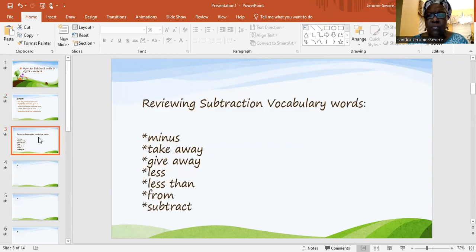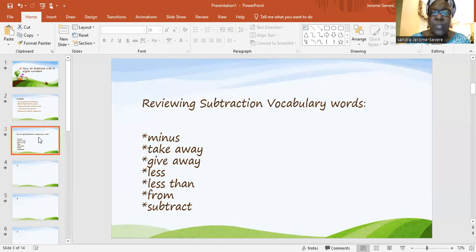Review subtraction vocabulary words. These are the vocabulary words you have learned in kindergarten, in first grade, in second grade, and probably pre-K. And you're going to learn some more in third grade, because vocabulary words in third grade are bigger than these.